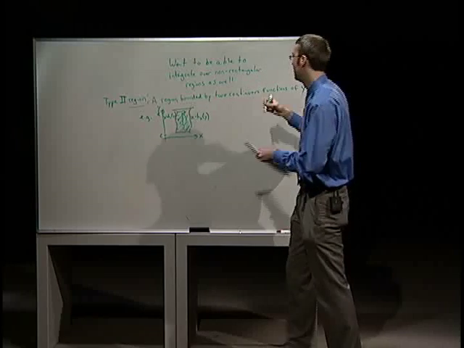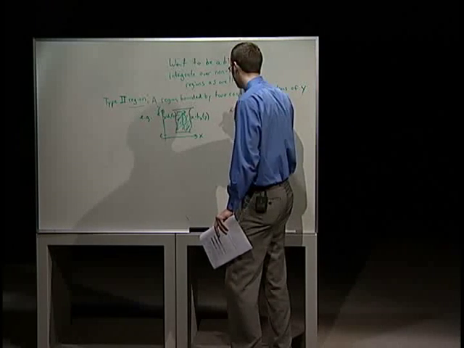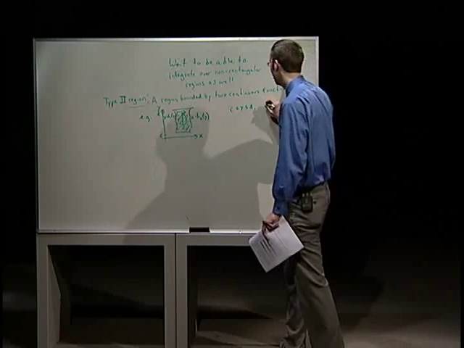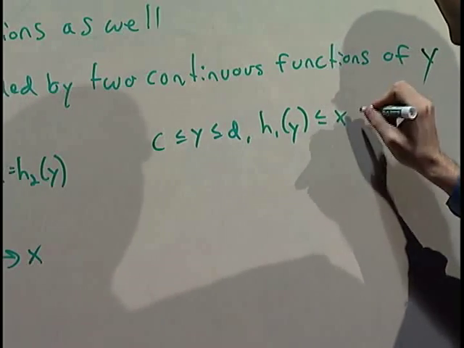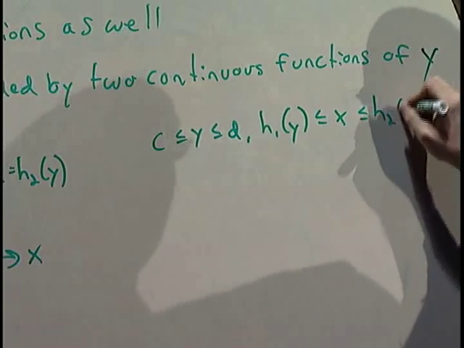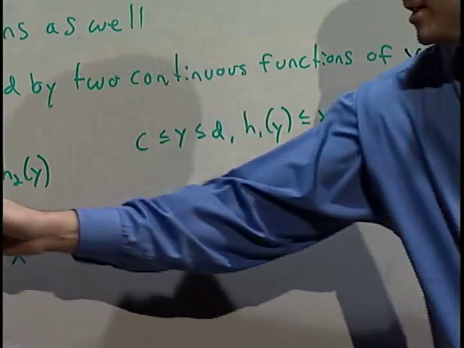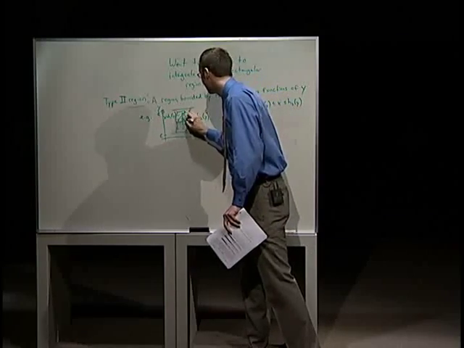And so here, our region is, well, we've got c less than or equal to y less than or equal to d, and h1 of y less than or equal to x less than or equal to h2 of y, where we're integrating left to right. So we're integrating left to right here, so we're proceeding like that.